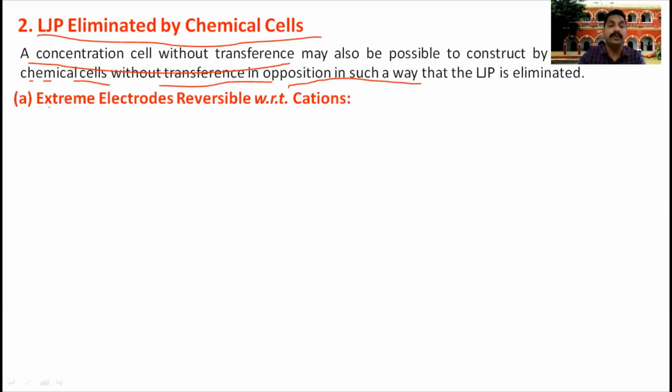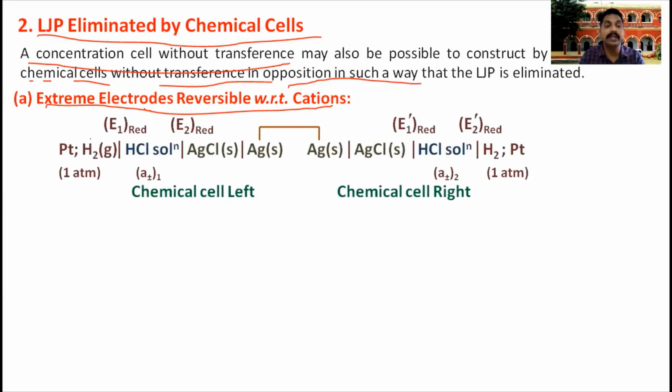So as usual, first step we have to write cell notation. So here we have two chemical cells. So left hand side we have one chemical cell and right hand side we have another chemical cell.